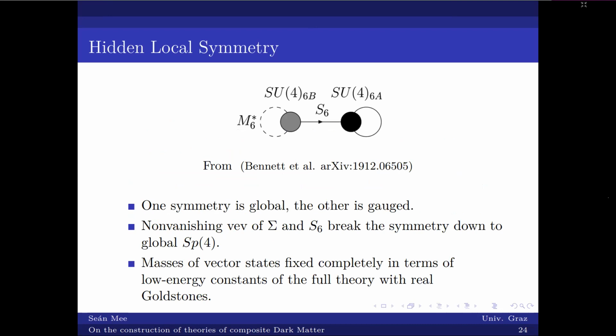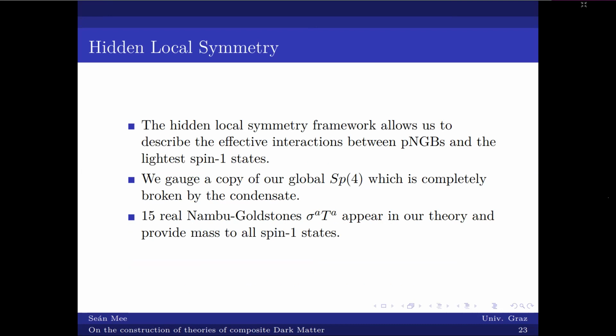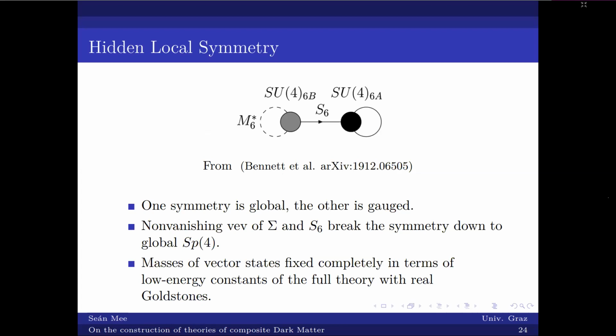So we have our global SU(4) flavor. Excuse me, I've written global SU(4). In principle, we can gauge the total SU(4) symmetry and then include our axial vectors as well. Right? But this is the idea.